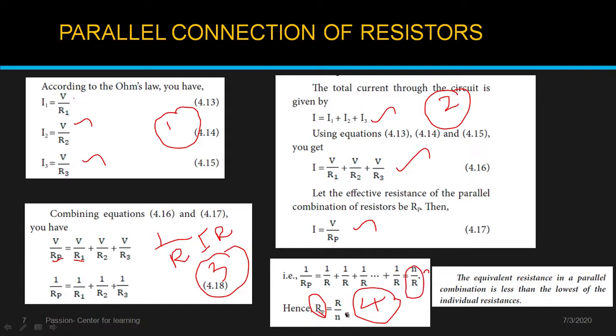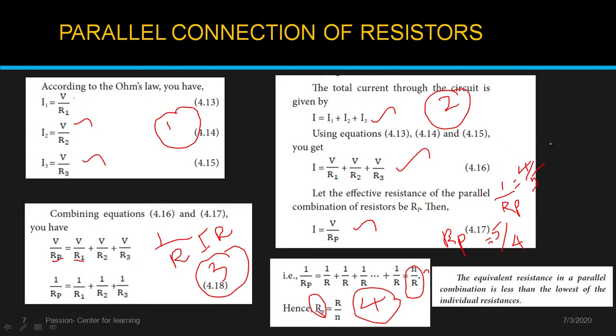That is reciprocal, R by N. Suppose you get the value as 1 by Rp is equal to 4 by 5, means your Rp is equal to 5 by 4. Because normally the children make mistakes at this end.